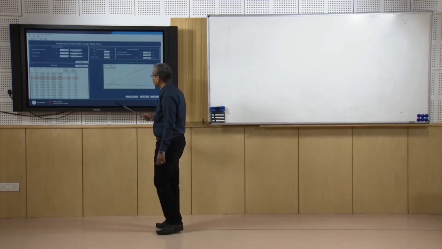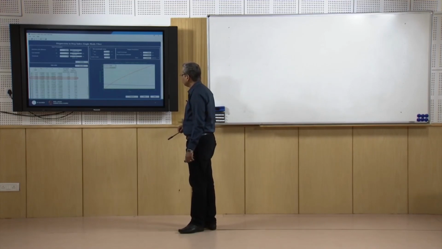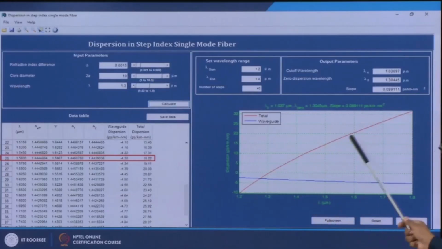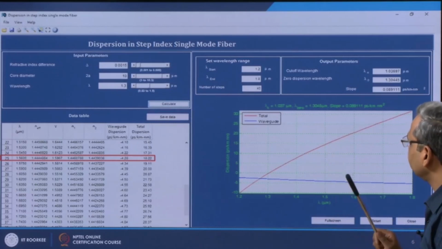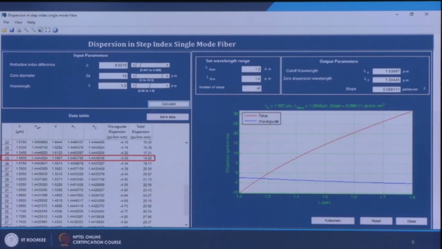Graphically, if I look at it, the waveguide dispersion is shown by this blue line, and the total dispersion is shown by this red line. So, the zero dispersion wavelength for the total dispersion is around 1.3045.